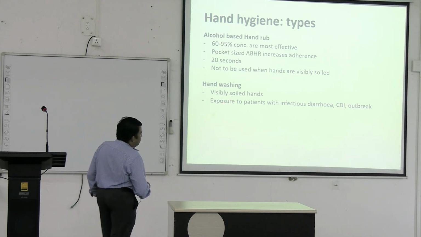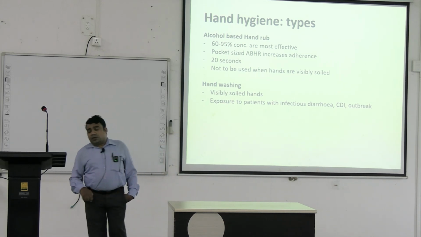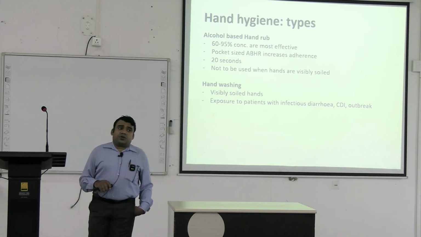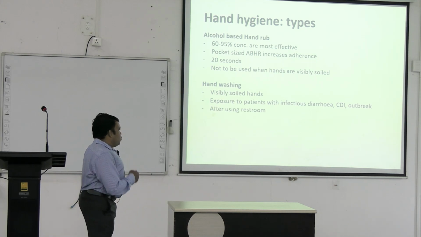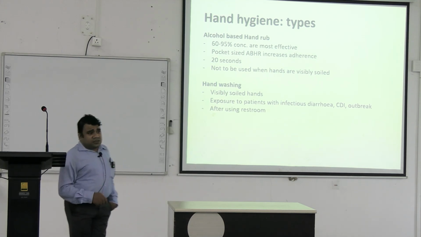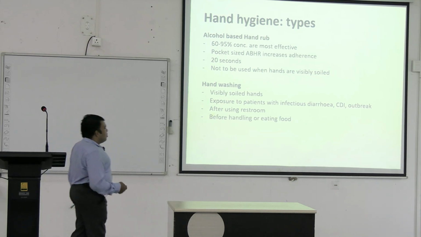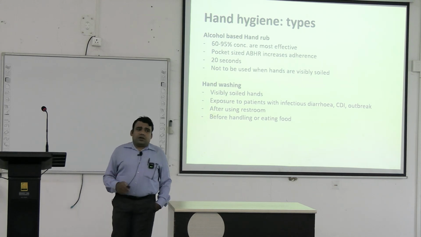Next, when you have exposure with patients with infectious diarrhea or C. difficile or an outbreak. Outbreak means a patient is suspected of having infection with a notorious organism. Always prefer hand wash. Obviously, this is very true for each and every person, whether a medical person or not. You need to wash your hands after using the restroom and before and after eating food.